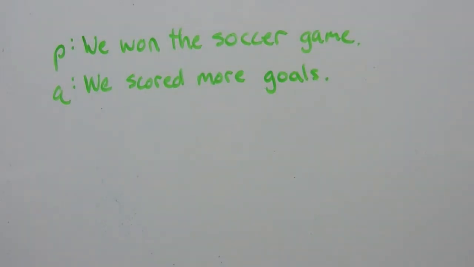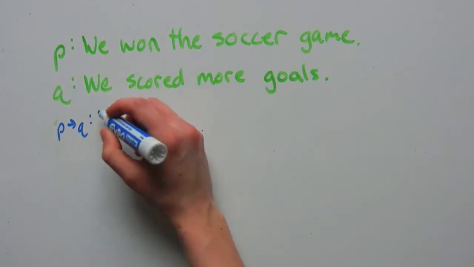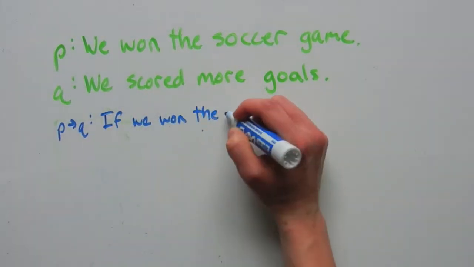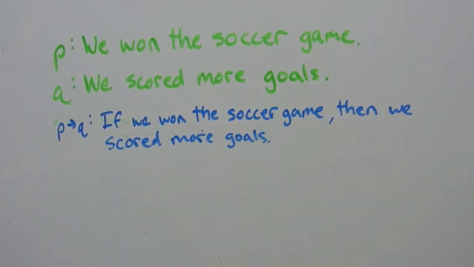So P is a statement that we won the soccer game, and Q is a statement that we scored more goals. So P implies Q is if we won the soccer game, then we scored more goals.